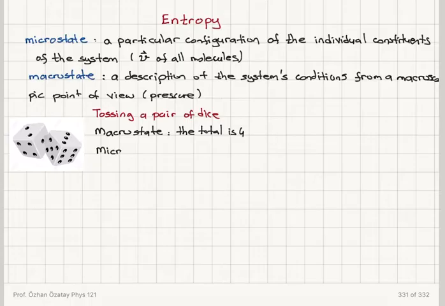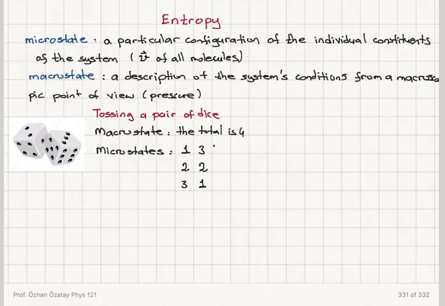So let's talk about microstates corresponding to this macrostate. Well, the first one can give you a 1, the second one can give you a 3; the first one can give you a 2, second one can give you a 2; the first one can give you a 3, second one can give you a 1.